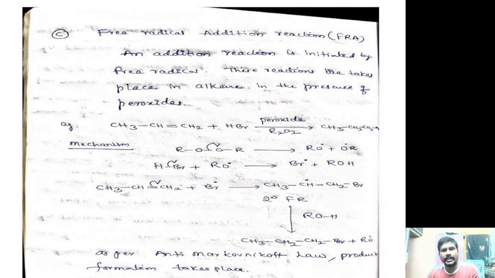This is the radical mechanism, and I hope you understand it easily. Without peroxide, that is electrophilic addition reaction; with peroxide, that is free radical addition reaction. In this case, the radical is the initiator, so it is called free radical addition reaction.